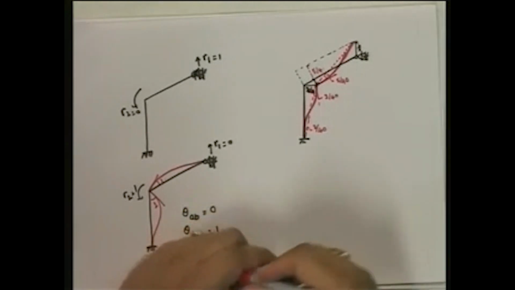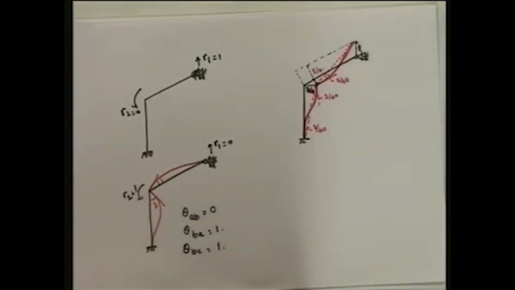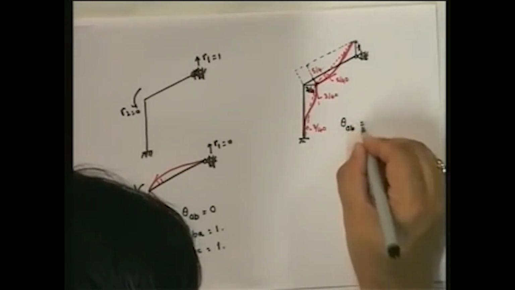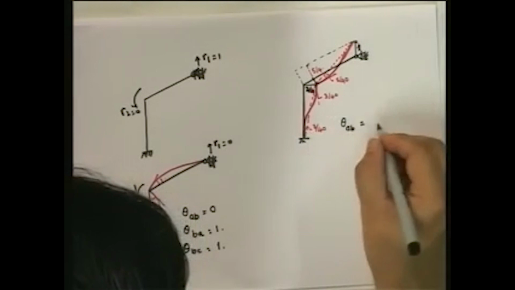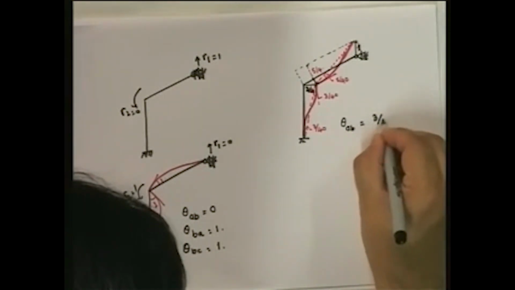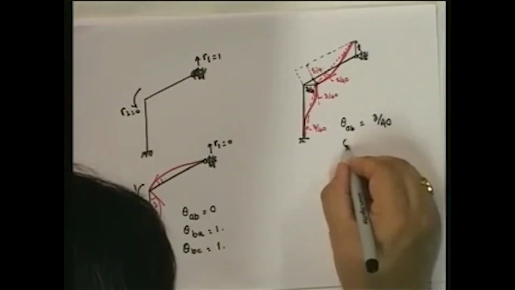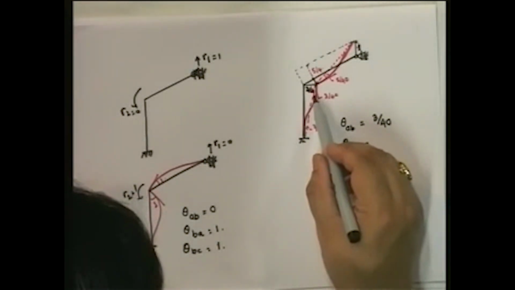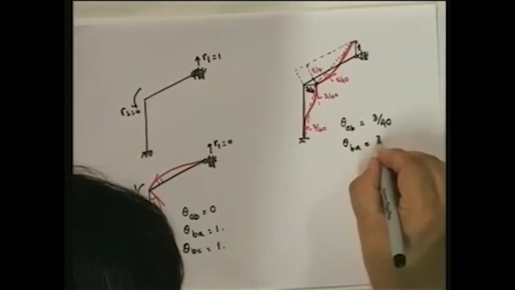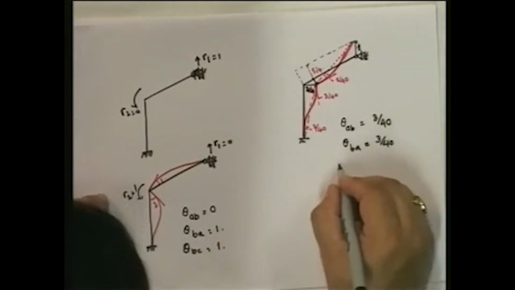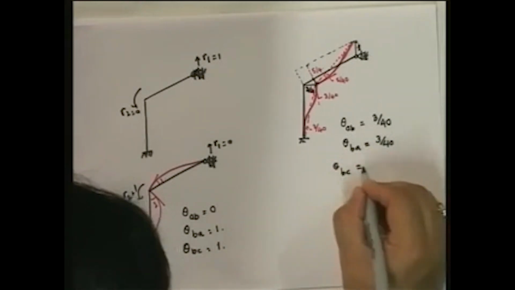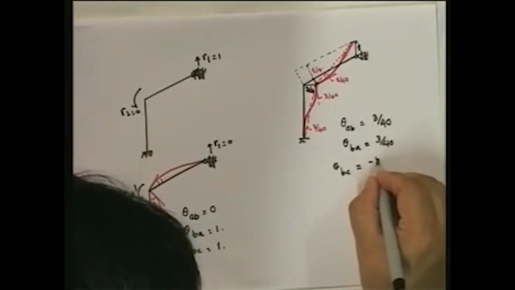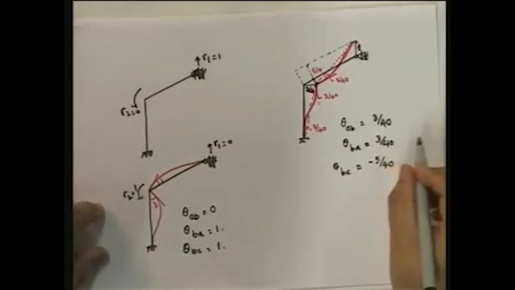So these are our rotations, and therefore, theta AB is equal to, from the chord to the tangent anticlockwise, so it's plus 3/40. Theta BA is equal to, from the chord to the tangent anticlockwise, so positive 3 by 40, and theta BC is equal to, from the chord to the tangent is anticlockwise, so it's minus 5 by 40.